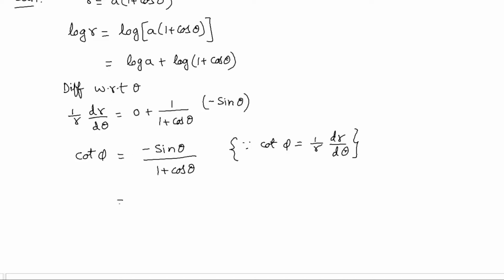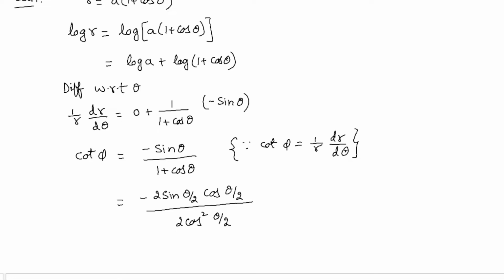You can further simplify this one. Sine of theta can be written in terms of half angle formula. It is 2 sine theta by 2 into cos of theta by 2, whole divided by the denominator, 1 plus cos theta, which can be written as 2 cos square theta by 2. So that's the formula for 1 plus cos theta.